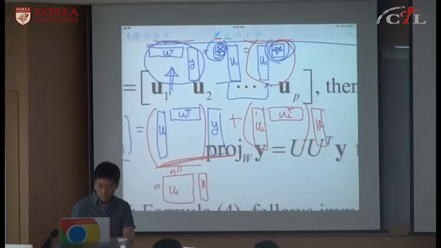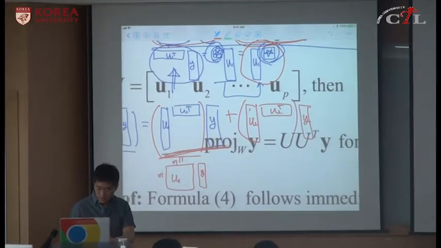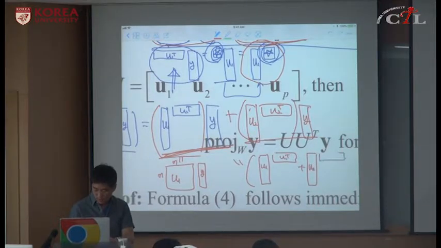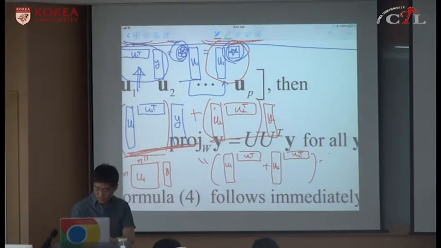The sum of these two can be written in this form: u1 and u1 transpose plus u2 and u2 transpose, and y, right?